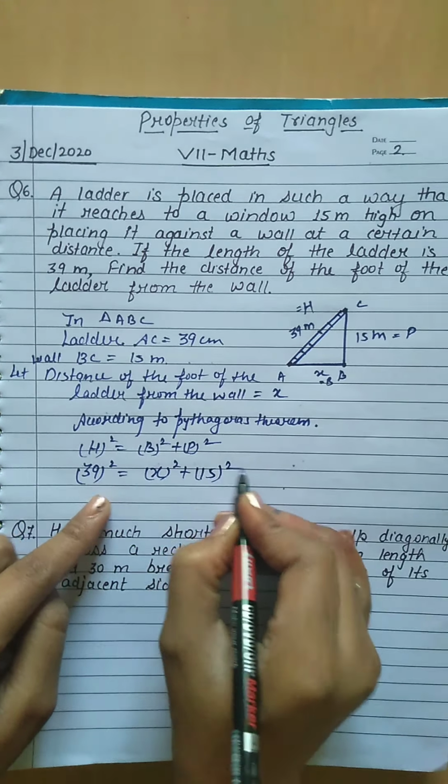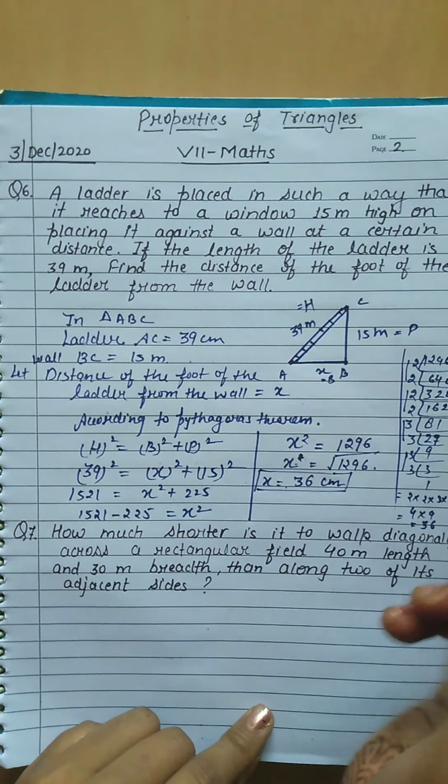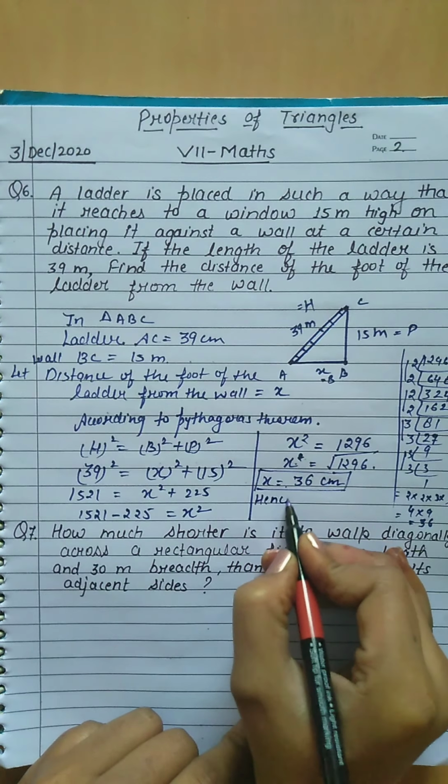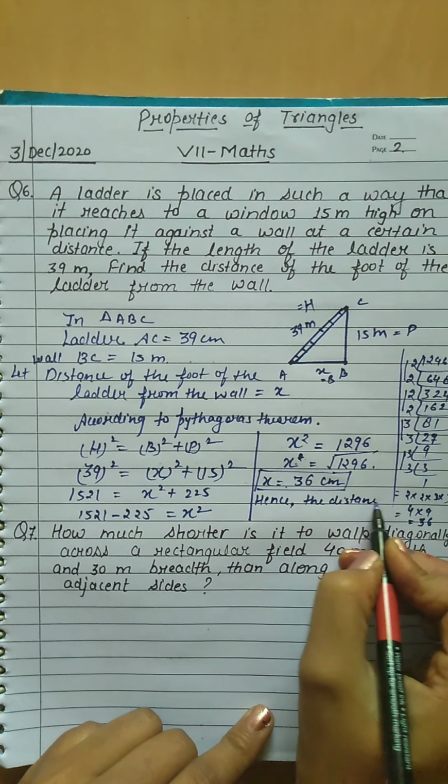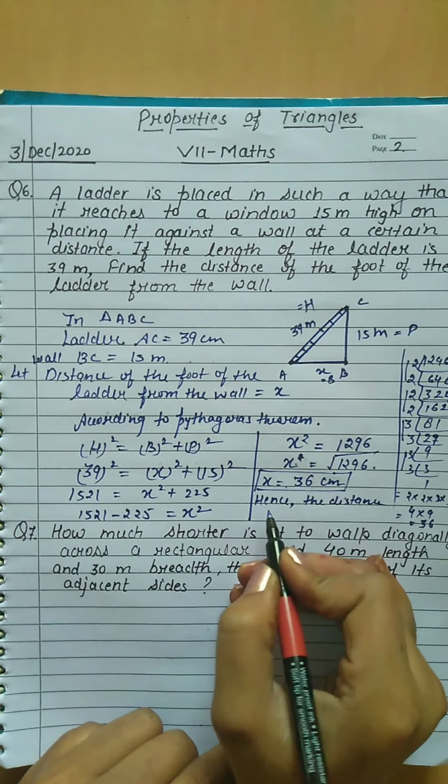Okay students, that means x is equal to 36 सेंटीमीटर. ओके स्टूडेंट, दैट मीन्स जो डिस्टेंस थी वो कितनी है 36 सेंटीमीटर. ओके, हैंस द डिस्टेंस of the foot of the ladder from wall, that is 36 centimeter. So student, that is your answer.